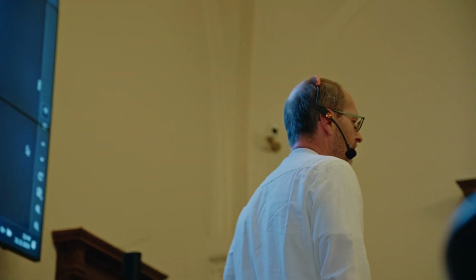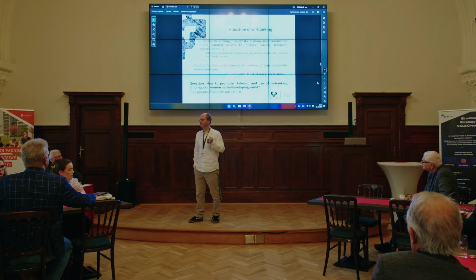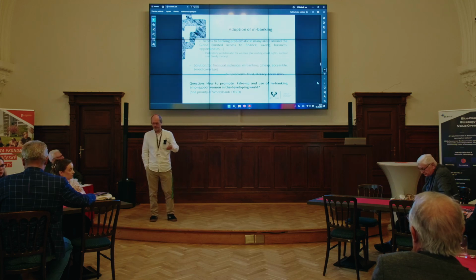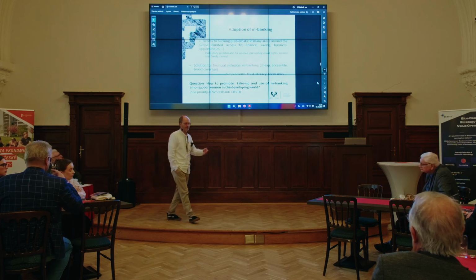It's relatively cheap today. So the hope of the World Bank and the OECD, and one of their priorities actually, is that everybody should have access to a bank through the mobile phone. However, this is not happening. For the moment in the developing world, the adoption of mobile phones is huge.